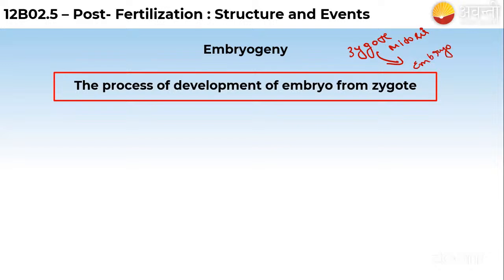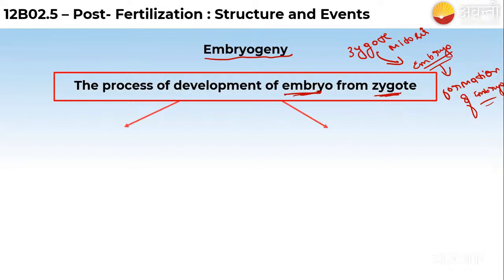Formation of embryo is called as embryogeny. The process of development of embryo from a zygote is called as embryogeny.